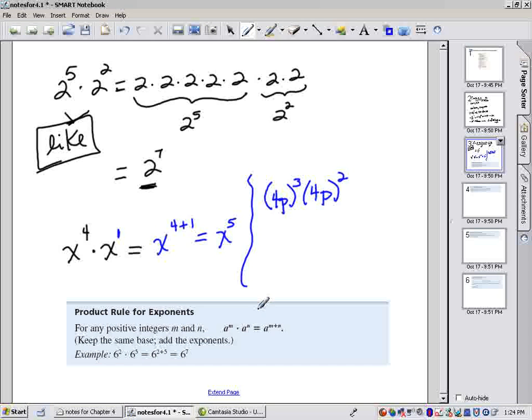So if we use this product rule, we would have our base the same, which is 4p, in parentheses, raised to the 3 plus 2, which would be the 5th power. If you omit the parentheses and write just 4p to the 5th, the exponent of 5 only applies to the p, not the 4, so the meaning has completely changed. So to get that correct, you have to put the base in parentheses. Okay?